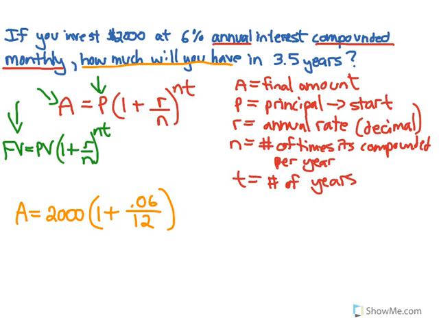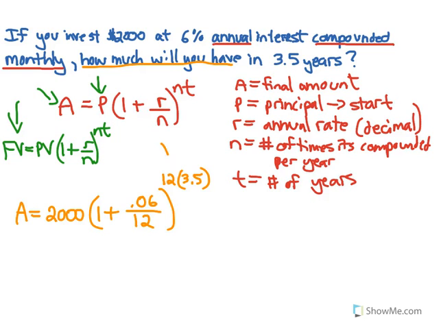So what this really means is instead of 6% throughout the year, we're going to compound 0.06 divided by 12, or 0.5% every month. And so that's the equivalent there. N, like we said, is 12, times the number of years, which is 3.5.